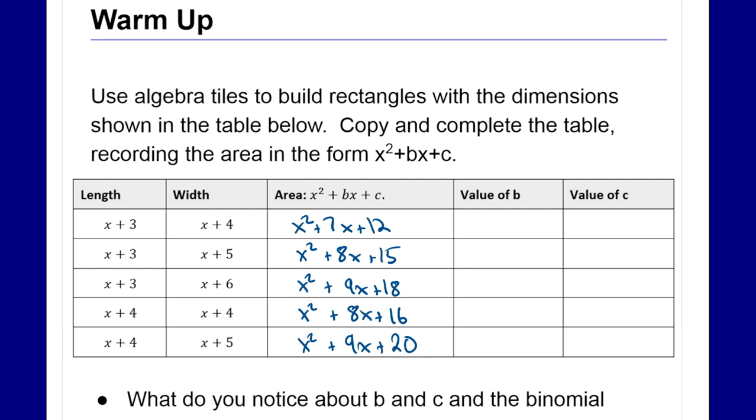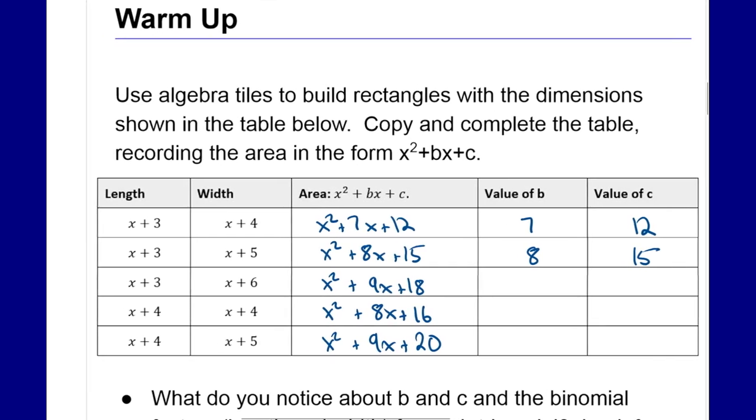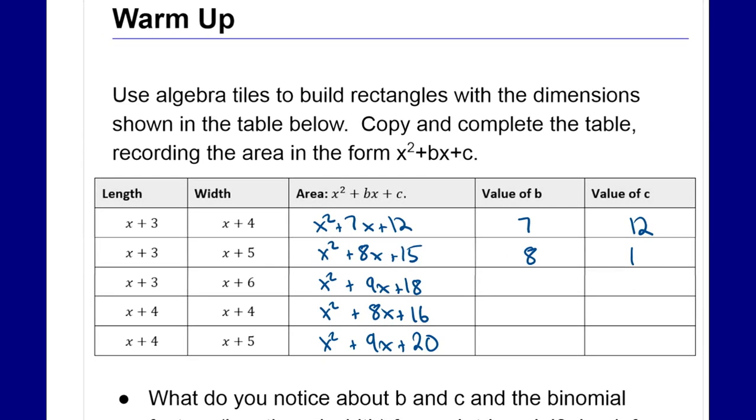Now, b is the value attached to the x, so for the first one it's 7, and 12 for c, the constant at the end. Then 8 and 15, 9 and 18, 8 and 16, 9 and 20.